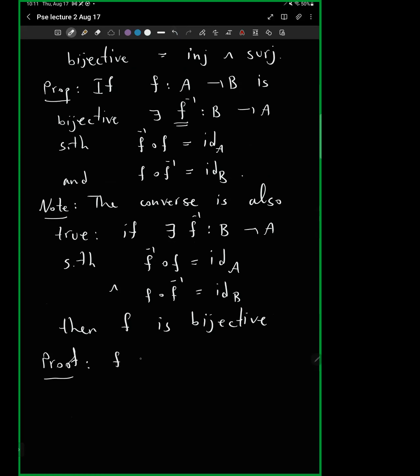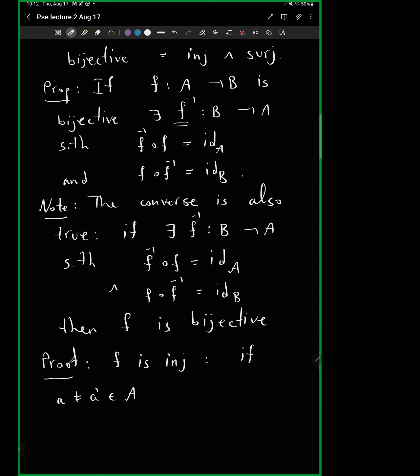So how to show that f is injective? If I take two different elements, A and A prime in A, I need to show that f of A is different than f of A prime.